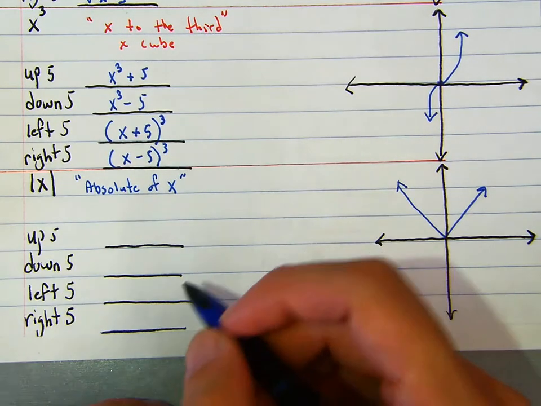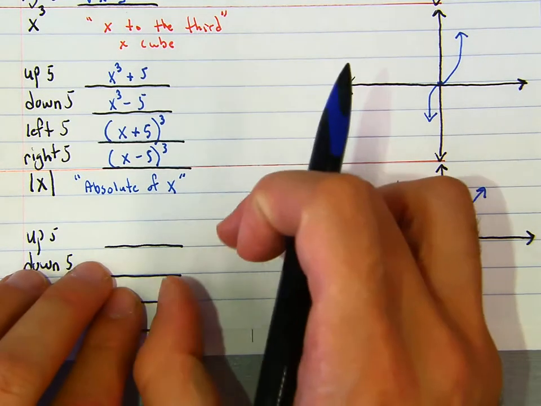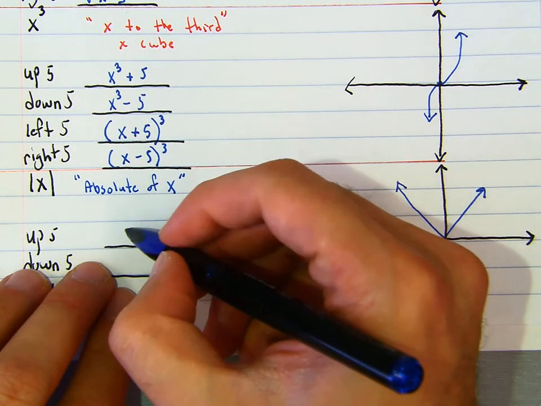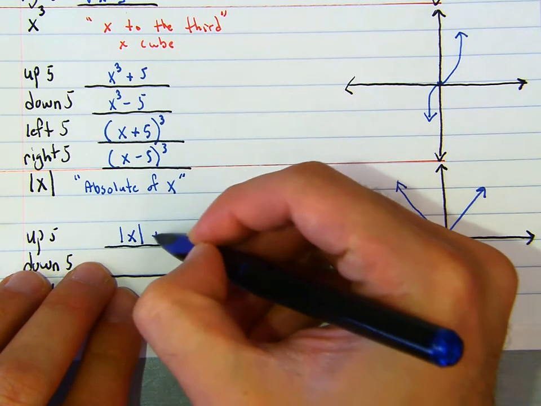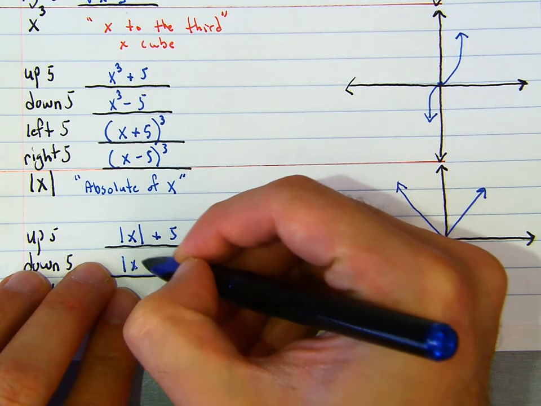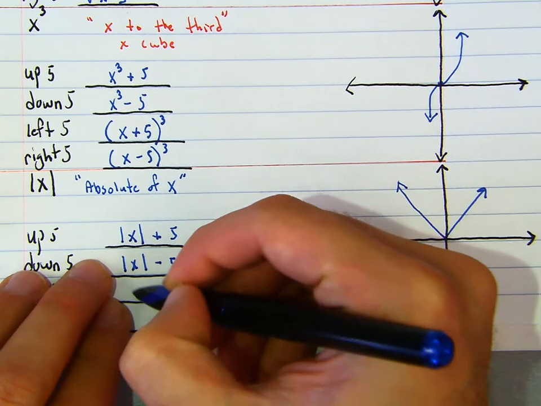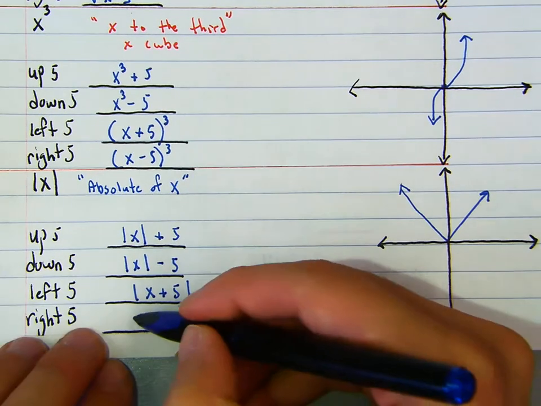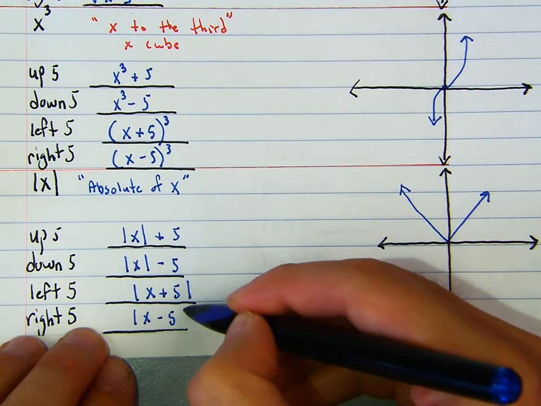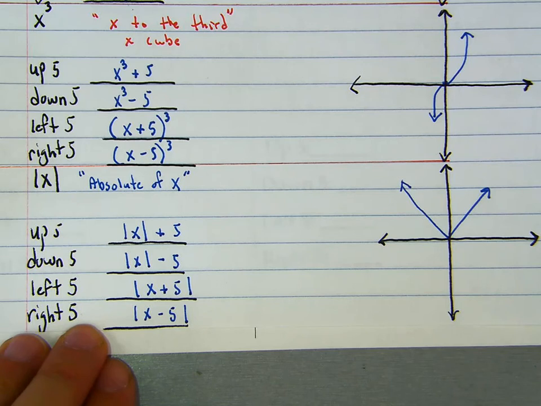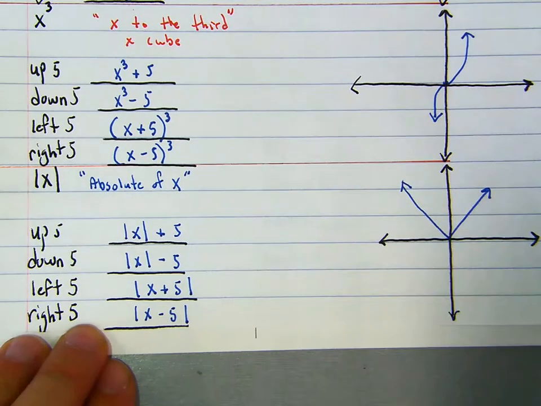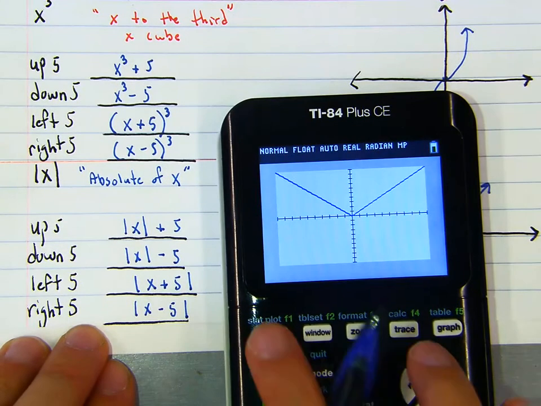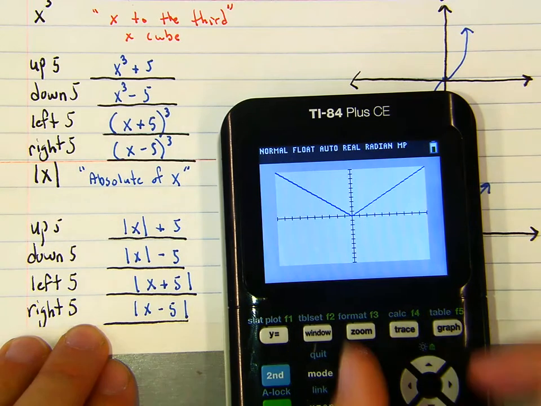Pause the video, again, if you are just trying to follow along for the first time, right? Try and plug in each one of these into the calculator to see the graph move each way you want.